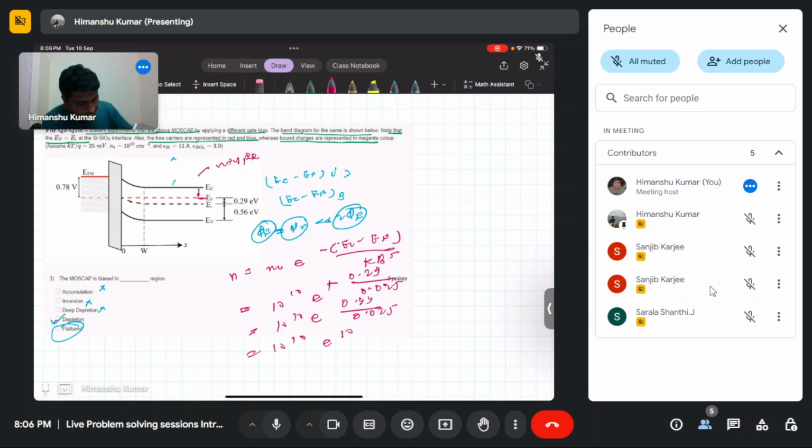Now see what is happening at the interface. Because of the applied bias, the band is moving upward, and this EC is moving upward compared to EF. So at the interface, EC minus EF is larger than EC minus EF at the bulk.